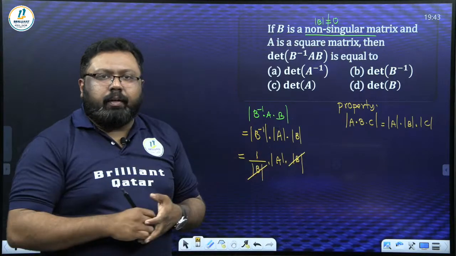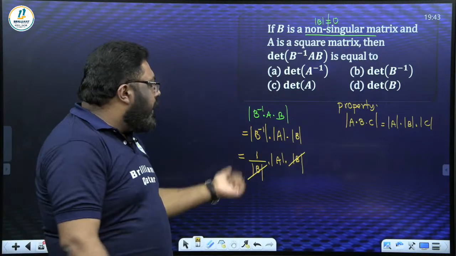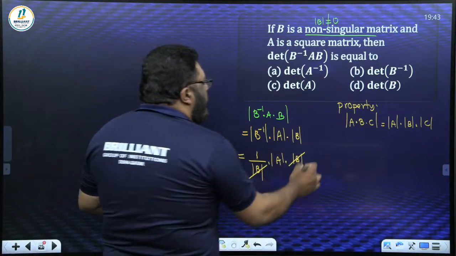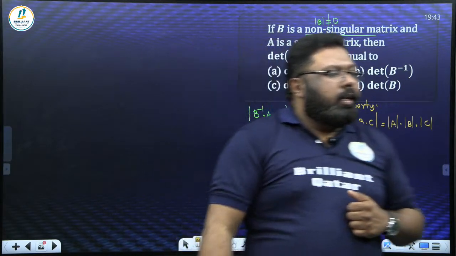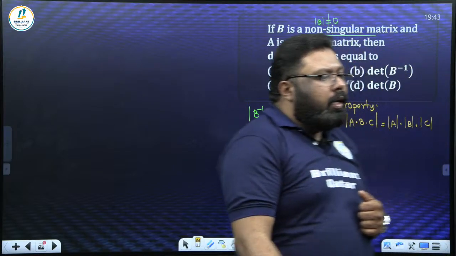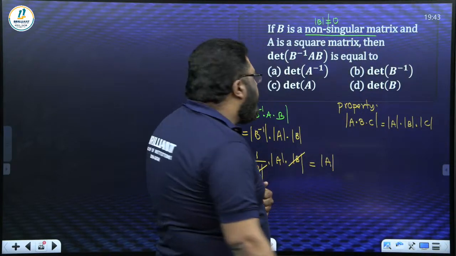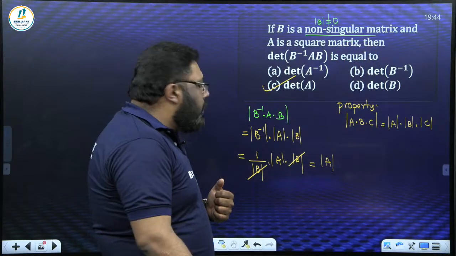Otherwise it will be not defined. Yes or no? Because it's non-singular, determinant is non-zero, so I can cancel two non-zero numbers. So my final answer is going to be what, my dears? Yes, good answers coming again. Its answer is option C, determinant of A itself.